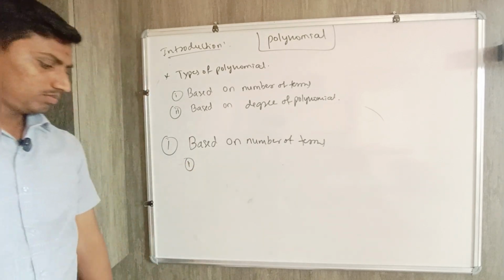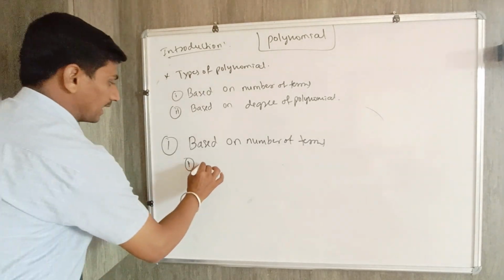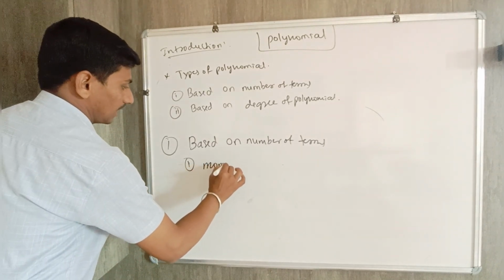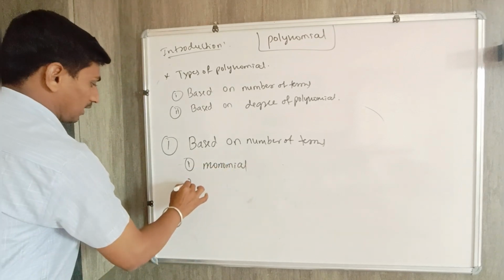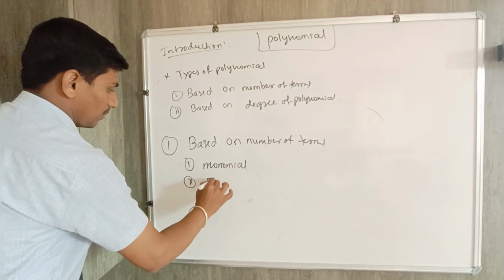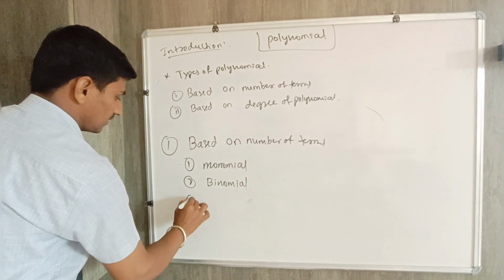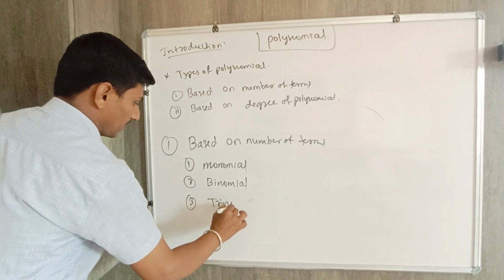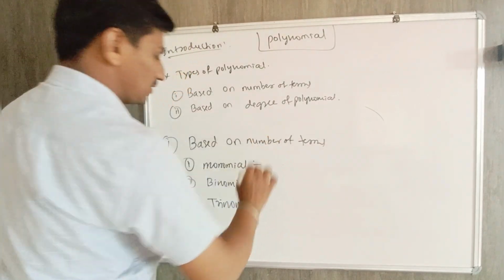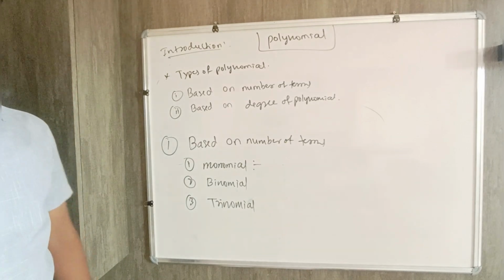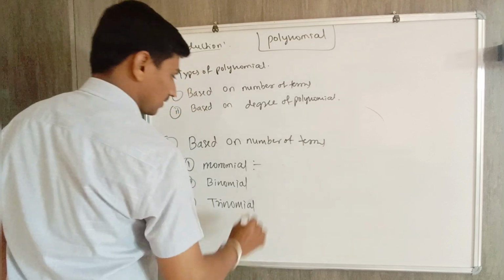Based on terms, first one is monomial, second one is binomial, and third one is trinomial. So monomial means what? Only one term. Tell me an example.